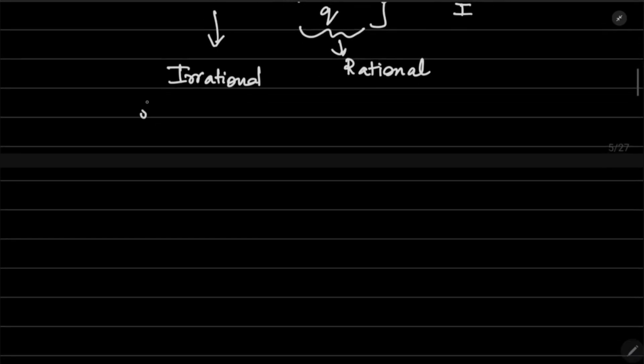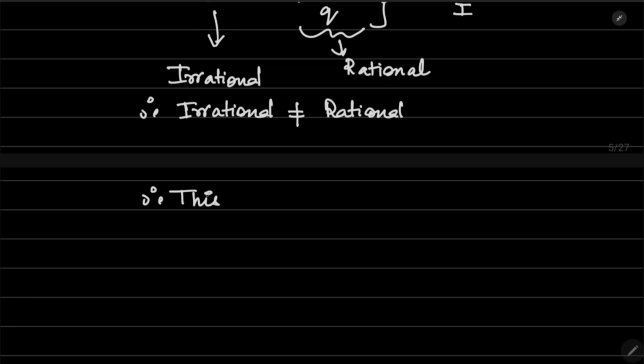So therefore you have to write that irrational cannot be equal to rational. Therefore this makes our assumption wrong.